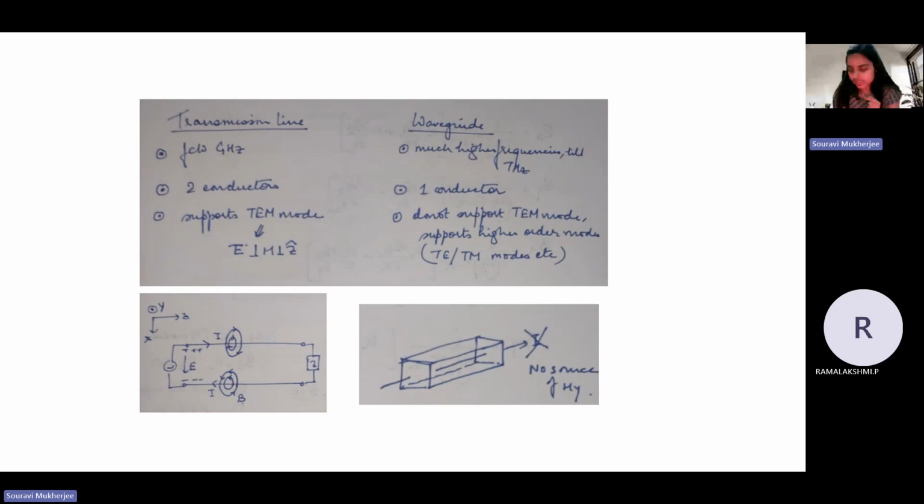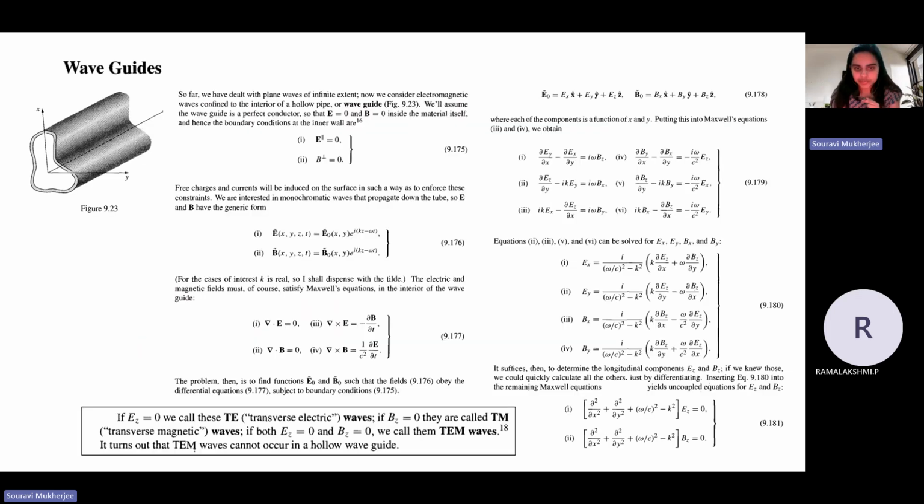We can have transverse electric mode or transverse magnetic mode. What do we mean by that? Why are the TEM modes not supported? That's something we'll be discussing in the coming slide. But that's how it's different from a typical transmission line.